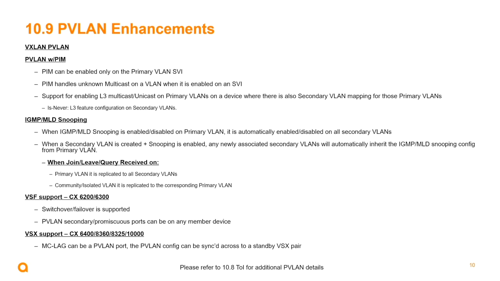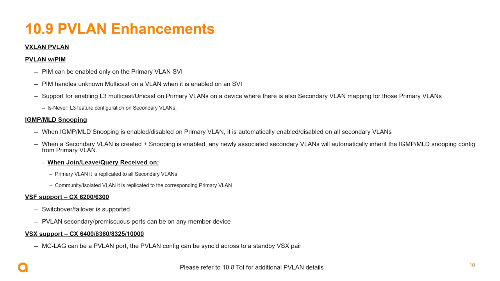When a query, join, or leave is received on a primary VLAN, it's going to be replicated to all of the secondary VLANs. And if it's received on a community or an isolated VLAN, it's going to be replicated to the corresponding primary VLAN.